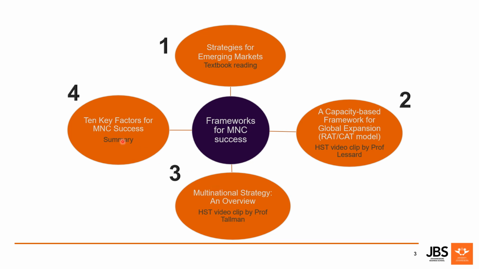Topics 3 and 4 are really a summary, overview or revision of the content that's been provided. So firstly, you can look at Professor Tolman's overview of multinational strategy. It's a fairly long video clip, almost an hour and a half. When you watch that video clip, you can take notes and add to your previous notes and content that we cover.